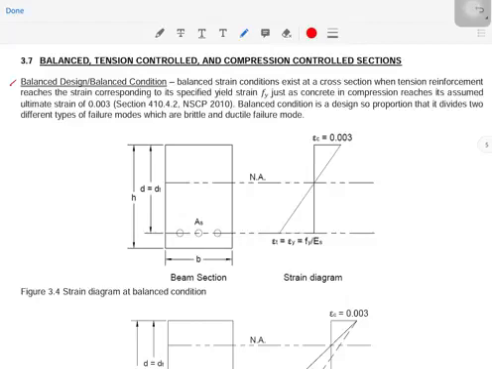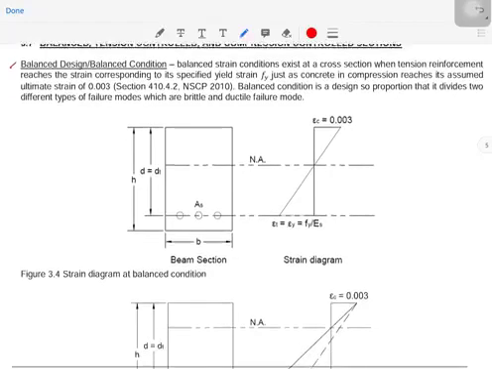So balance condition is a design so proportioned that it divides two different types of failure modes, which are brittle and ductile failure mode.